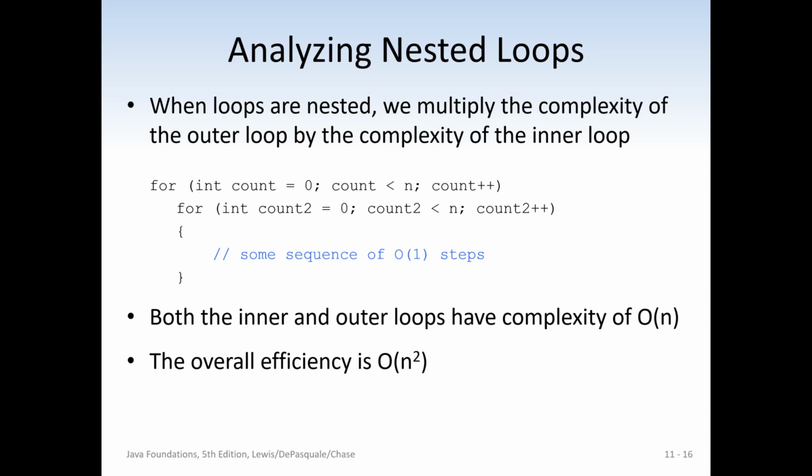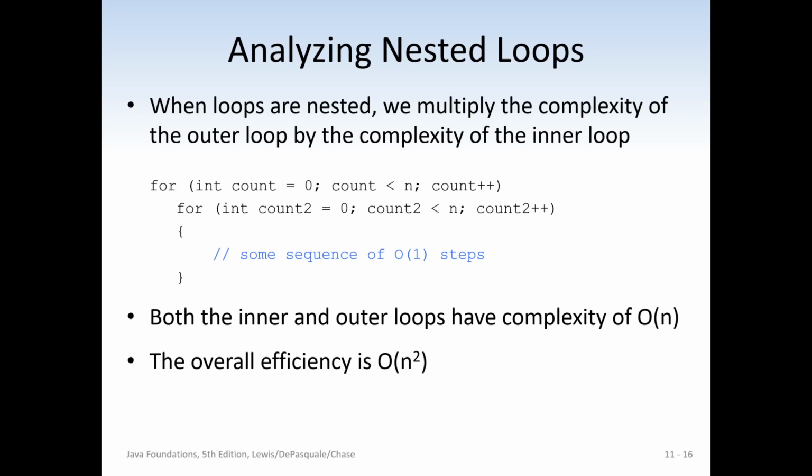Does that make sense? An interesting thing to think about here is, what if the inner loop, instead of being a function of n, were a function of count? So it would be something like int count2 = 0; count2 < count; count2++. The question in that case would be, what would be the order of the loop? It's a slightly more complicated case. The inside would still be big O of 1, right? It's constant.